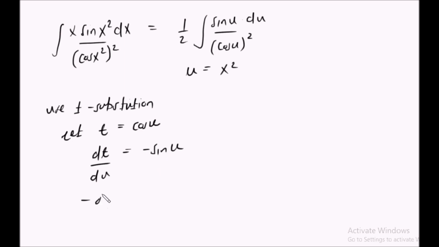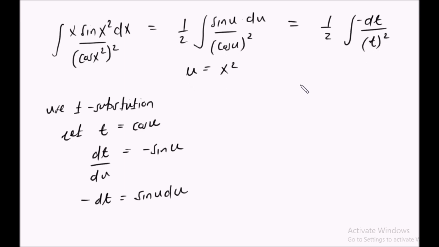So nikaona kwamba negative dt itakuwa sawa na sin u du. So you can see now itakuwa sawa na 1 over 2 integrate, so sin u du ni negative dt, over cos u ni t sasa, t squared.